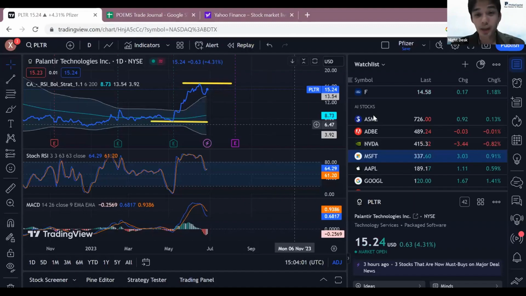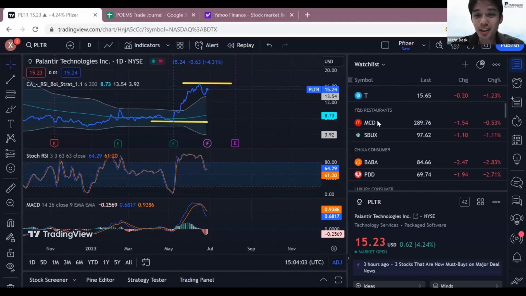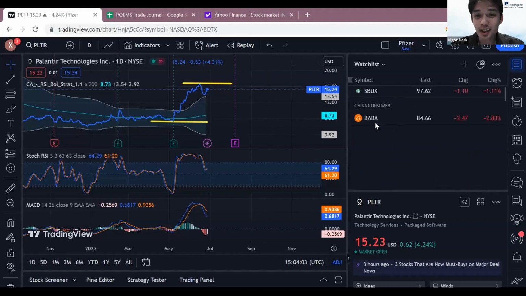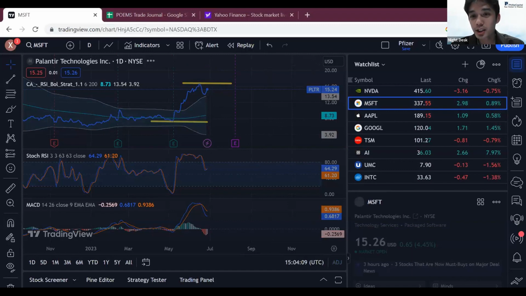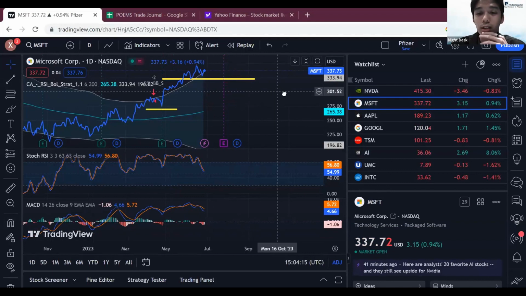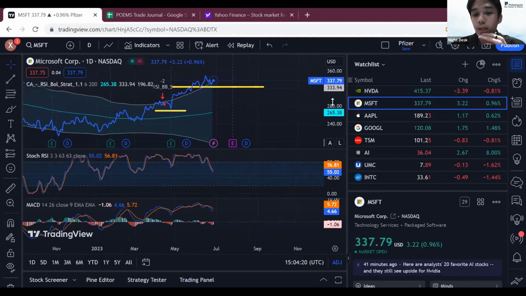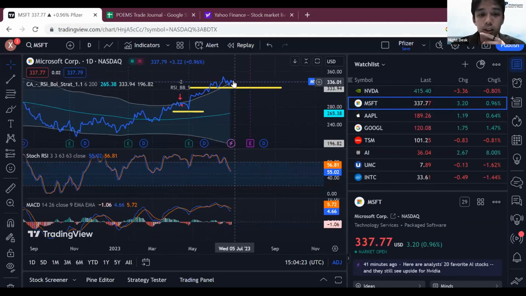Okay, first of all, I need to show you all why I placed Microsoft. Okay, let's go. Where's my AI? So I've been catching this. Why Microsoft caught my eye is that I was monitoring it during pre-market. While all the AI stocks were down, Microsoft was still doing very well. And you see there was this rejection right here, but it actually went up.